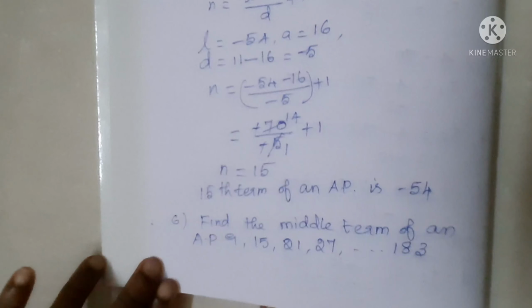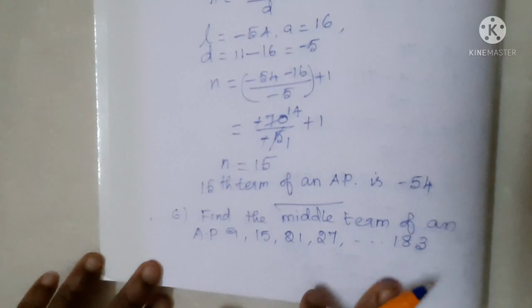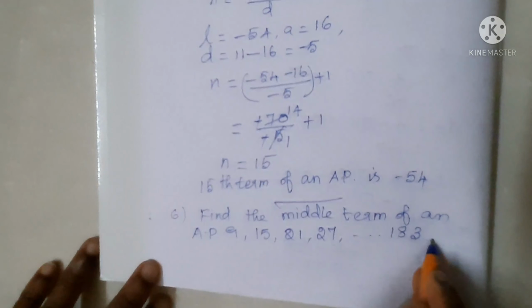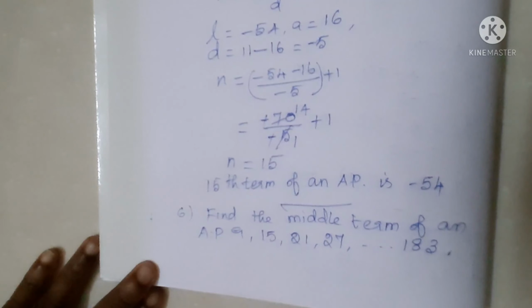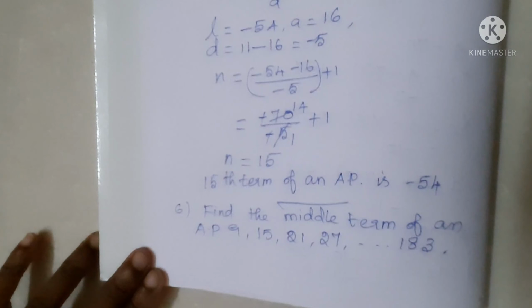This sum also, you want to find the middle term. But here the last term is given. So which formula do you have to use? First the number of terms, the n formula. n is equal to (L minus A) by D plus 1. Using that formula, you find the number of terms.